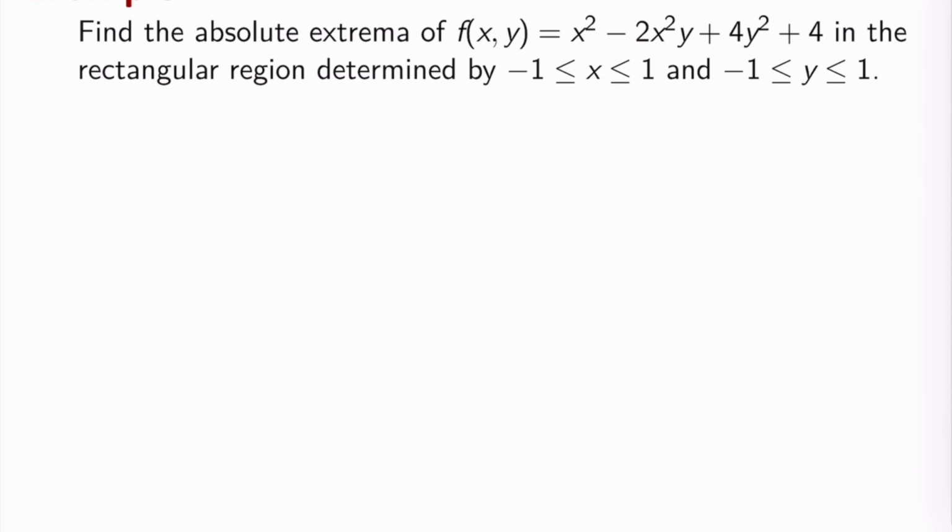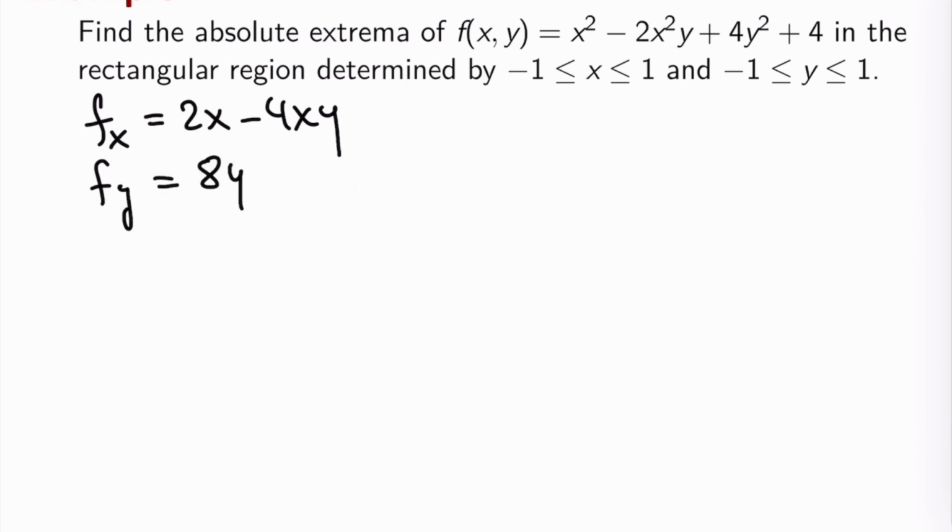To calculate the critical points, we start by calculating the partial derivatives. The partial derivative with respect to x is going to be 2x minus 4xy, and the partial derivative with respect to y is going to be 8y minus 2x squared. And so, in order to calculate the critical points, as before, we need to solve the system of equations of both partial derivatives equal to 0.